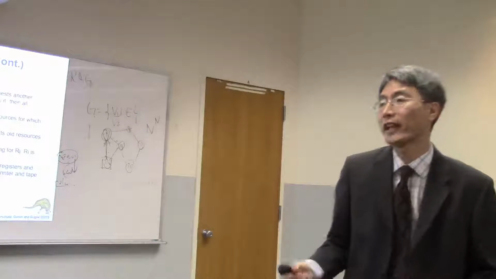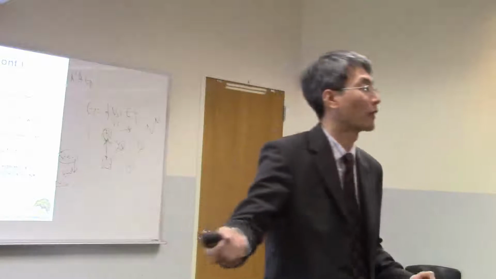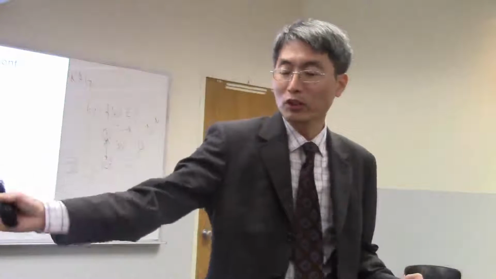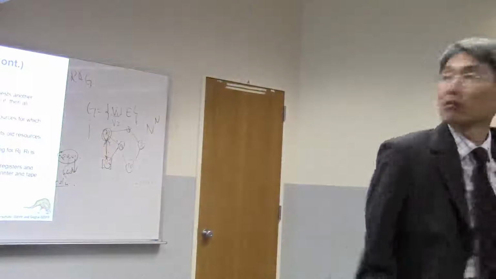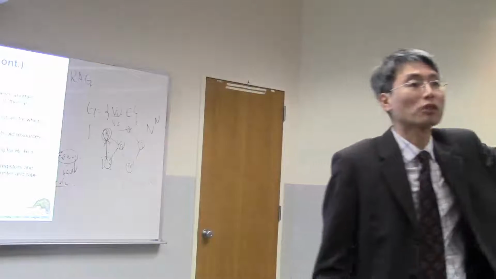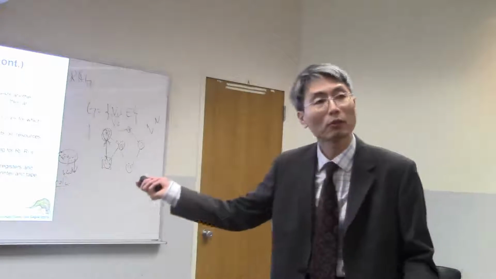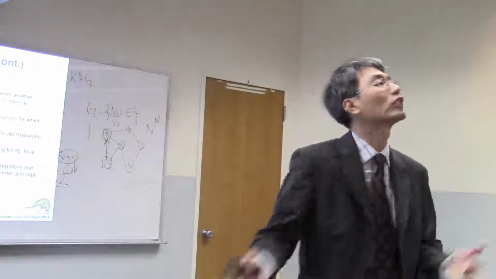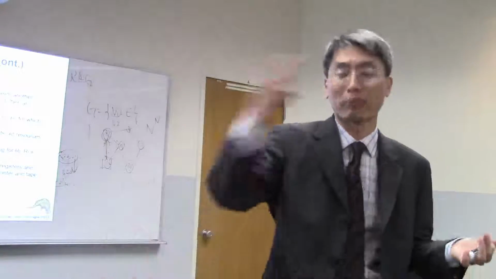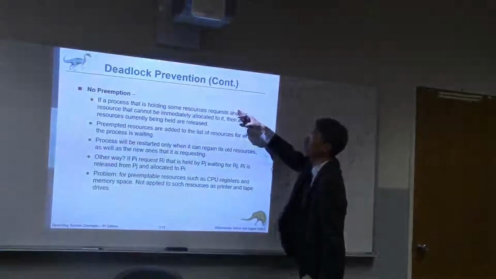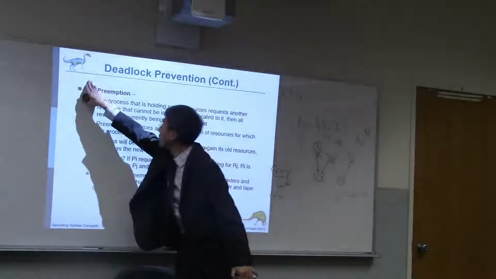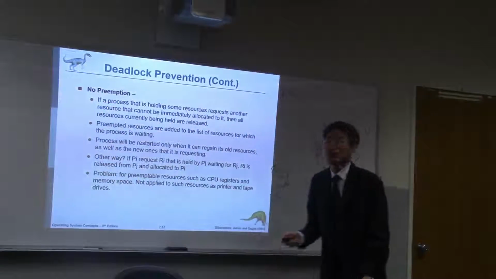But what about the data on the hard disk drive? When you are holding the hard disk drive, you write something and update, but you cannot stop the process. So preemptive means stop everything and do it again. You need to do it again every time after the restart. So that is the preemptive process. The opposite of no preemption is preemption.